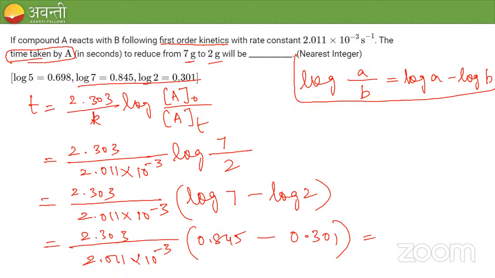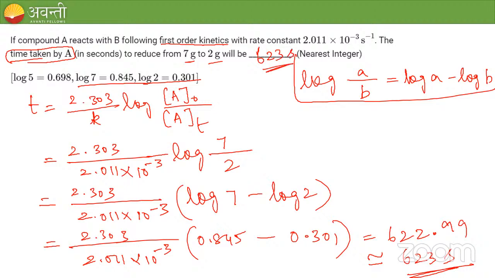So if you solve this, you will get 622.99, which can be approximated to 623 seconds. The nearest integer is 623 seconds.